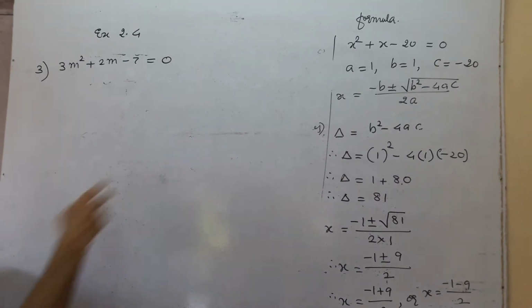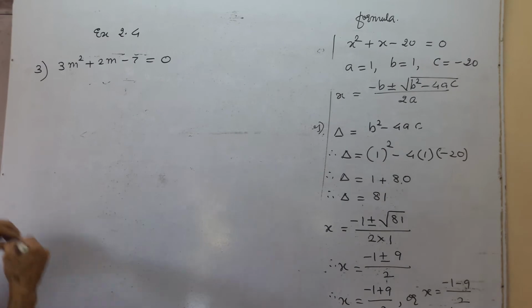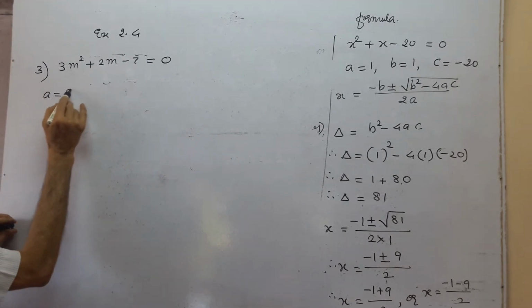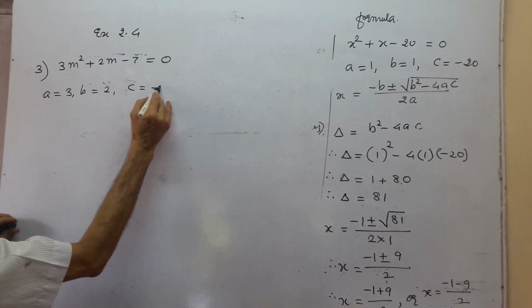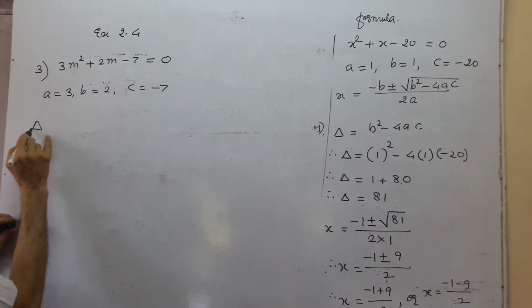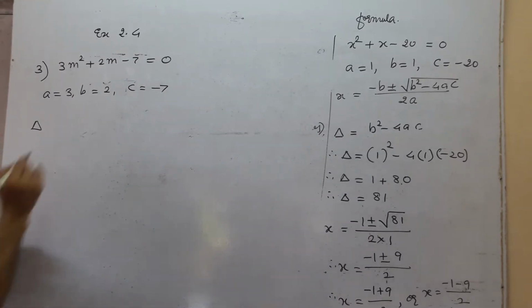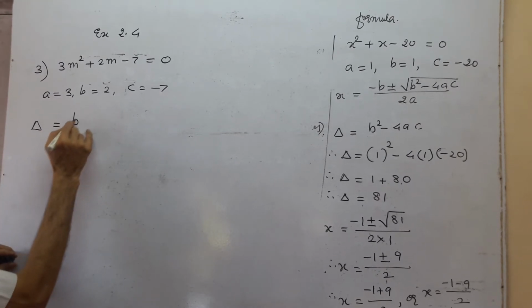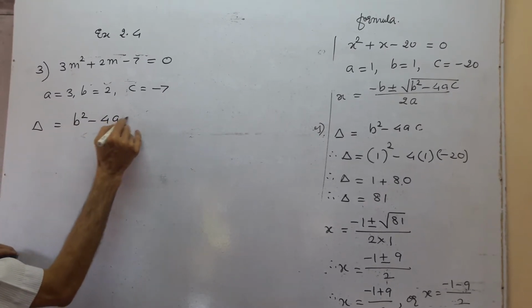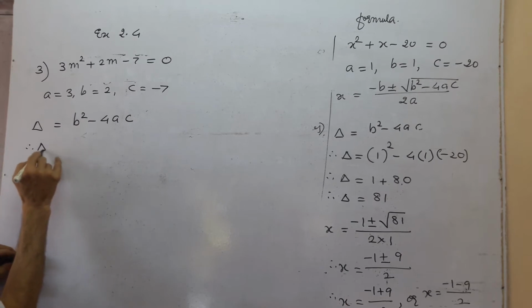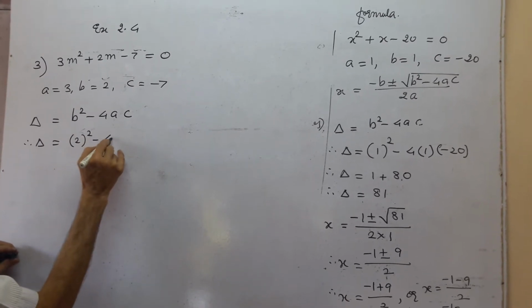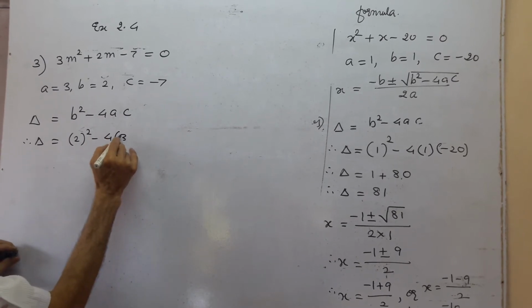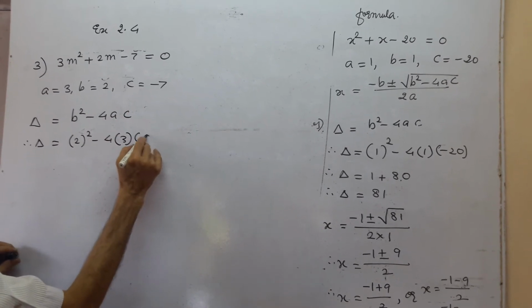So let's compare with ax square plus bx plus c. So here a is equal to 3, b is equal to 2, and c is equal to minus 7. So first find delta, always. Delta is equal to b square minus 4ac. Therefore delta is equal to b square minus 4a c, where a is 3 and c is minus 7.